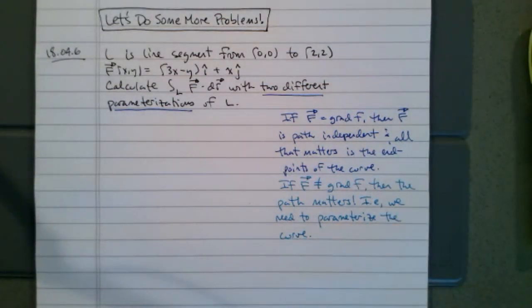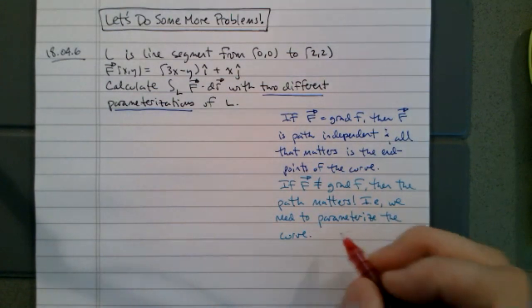In the case where we are parameterizing the curve, we have seen that there are many ways to parameterize the same curve from one point to the next. So this problem is raising the question: does the parameterization matter in this calculation?